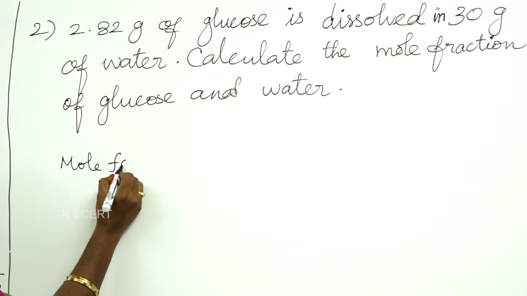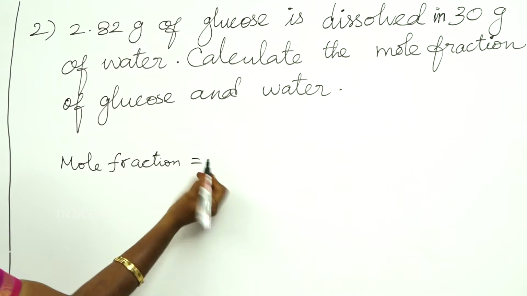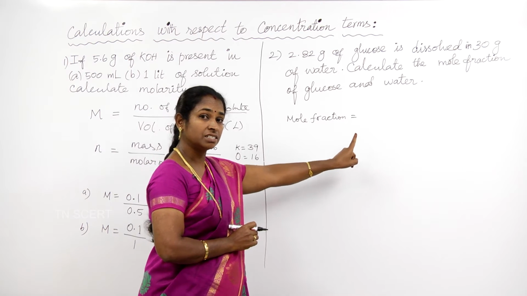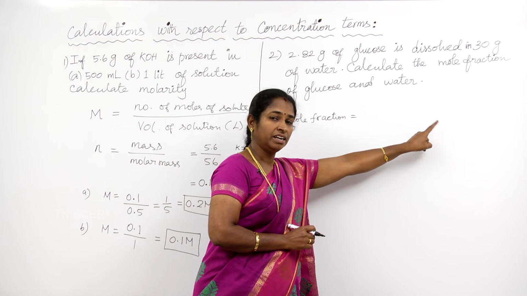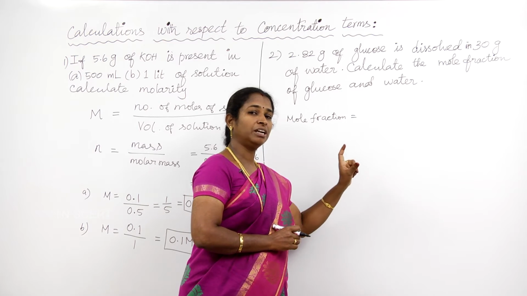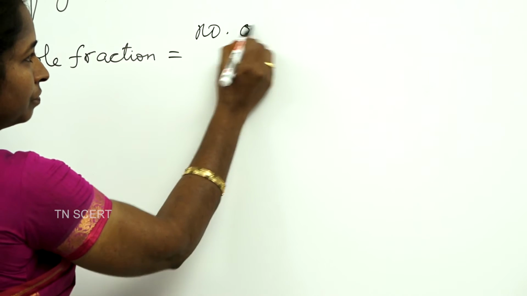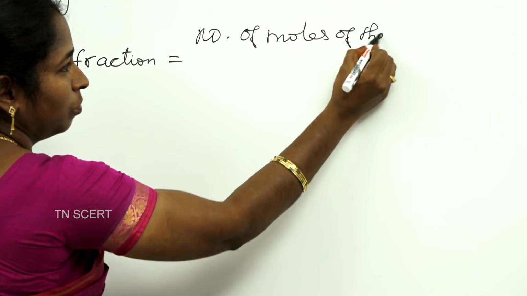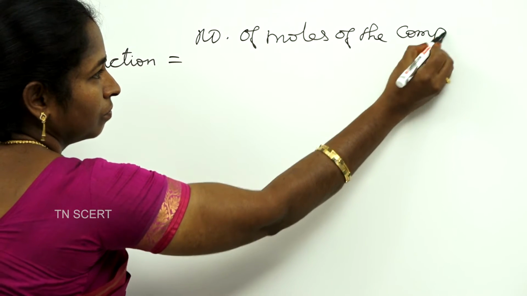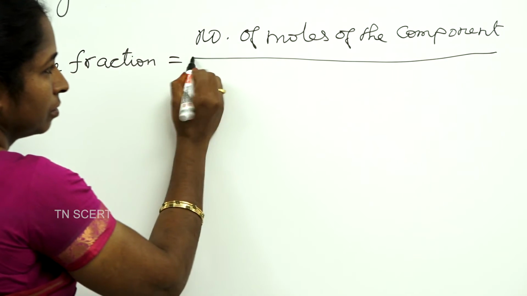Mole fraction is given by the formula: mole fraction is equal to number of moles of the component divided by total number of moles of all the components.